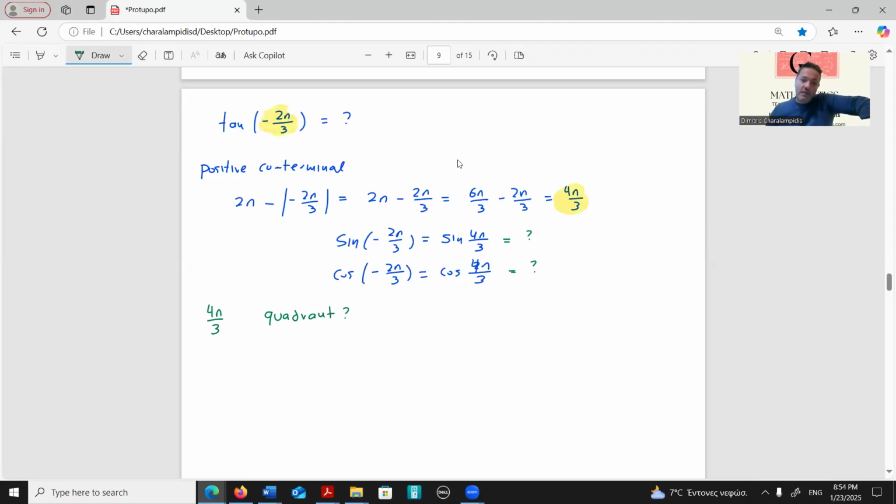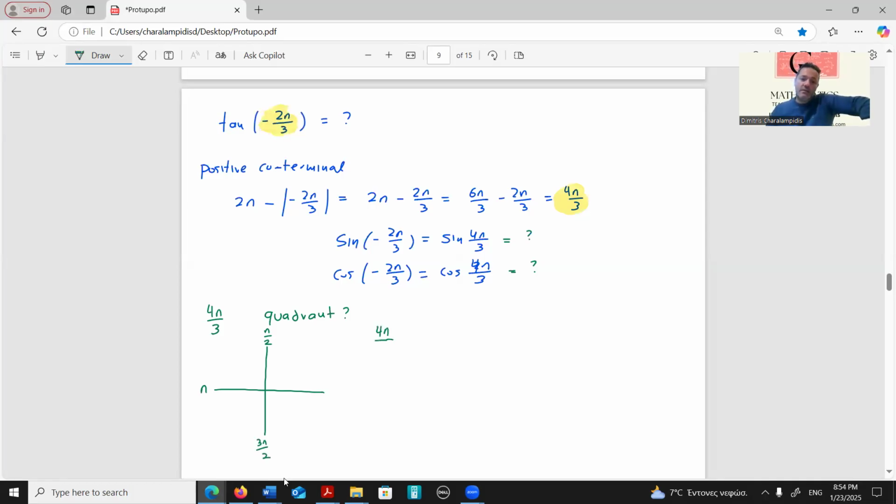How should I do that? I have to compare it with the natural boundaries of the quadrants when in radians. This is pi over 2, this is pi, this is 3 pi over 2.